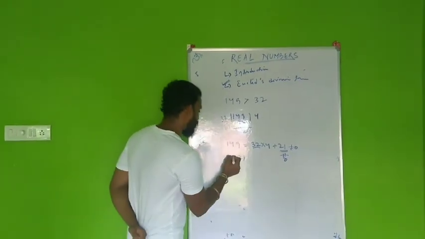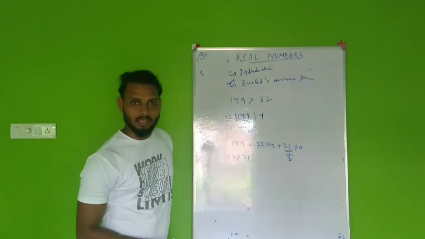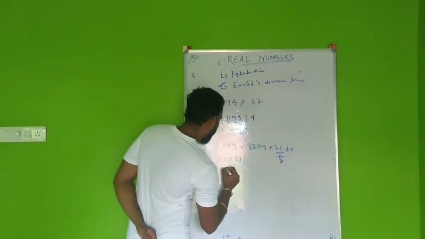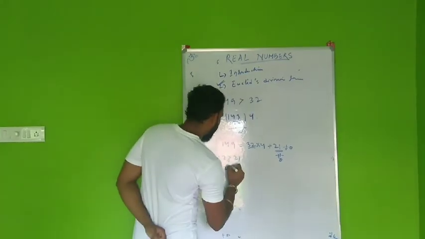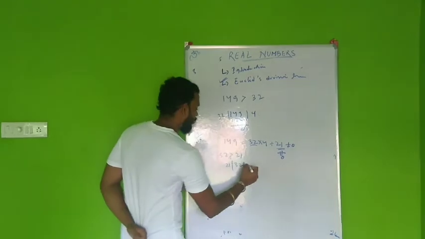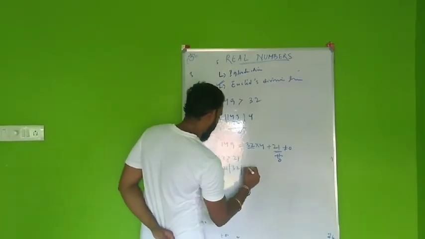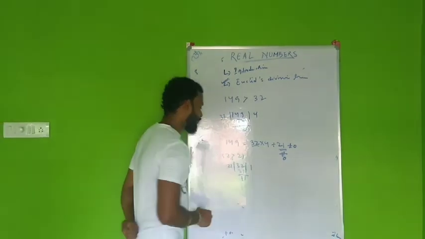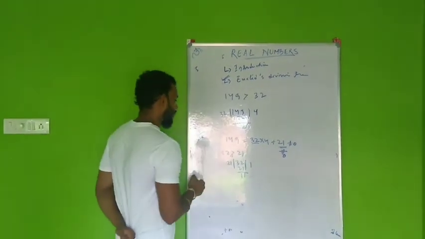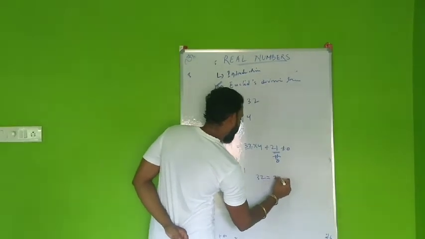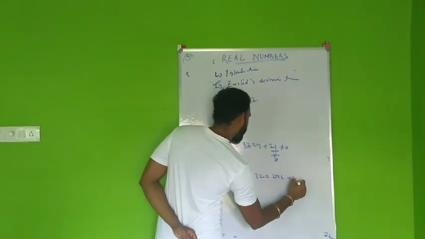Again I will see which one is greater and which one is smaller. Obviously 32 is greater than 21. So I will be dividing 32 by 21, and I will be getting 1 as the quotient. So I can write 32 as 21 into 1 plus 11.